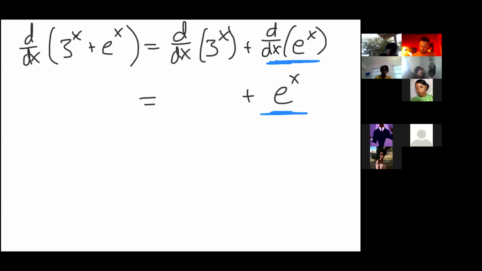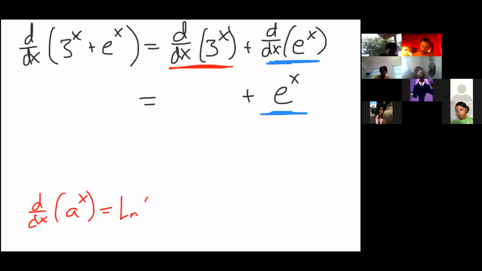That's that calculation. Now I've got to figure out what is the derivative of 3 to the x. Well, we said the derivative rule for any exponential function where a is a number and your exponent is your variable is the natural log of a times that exponential function.